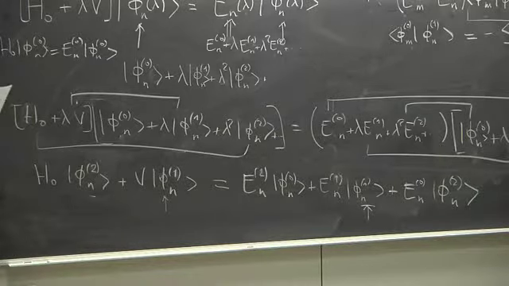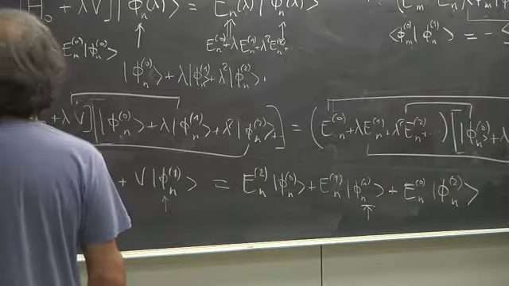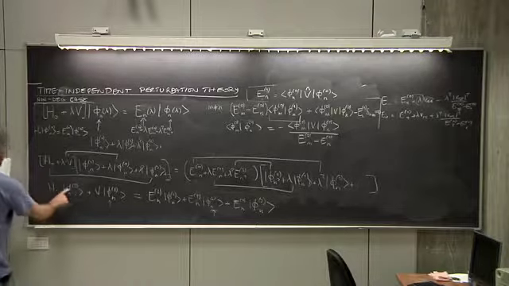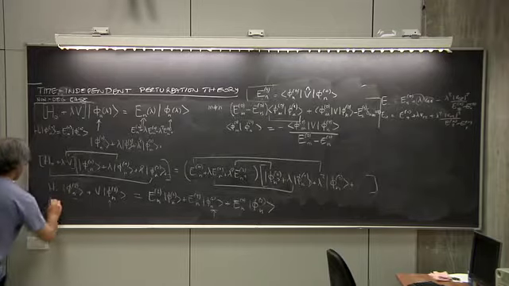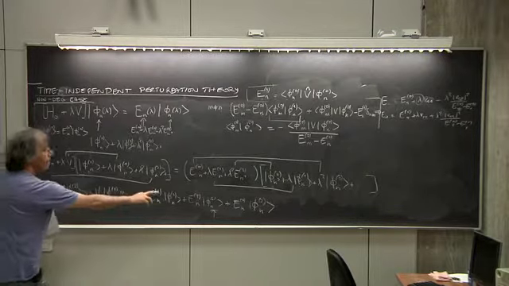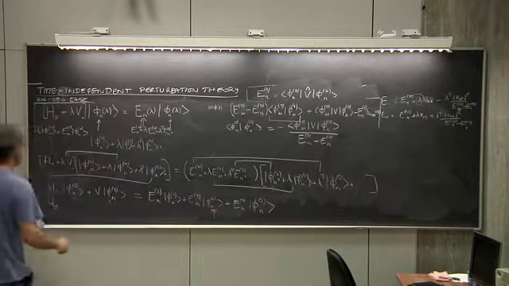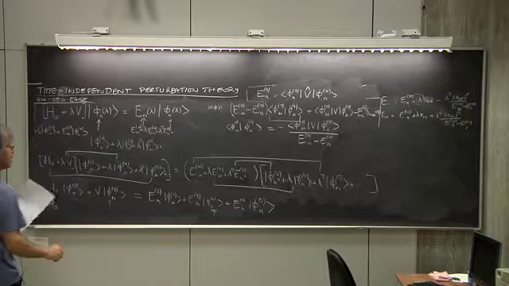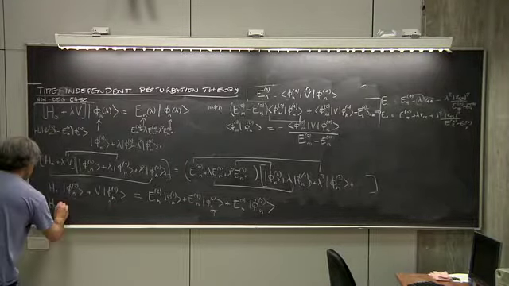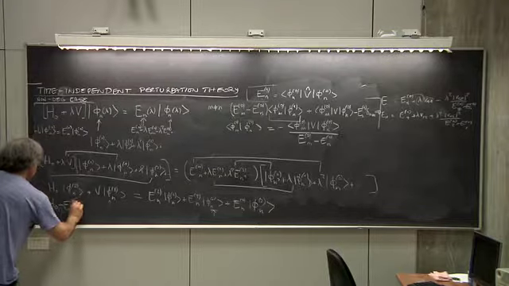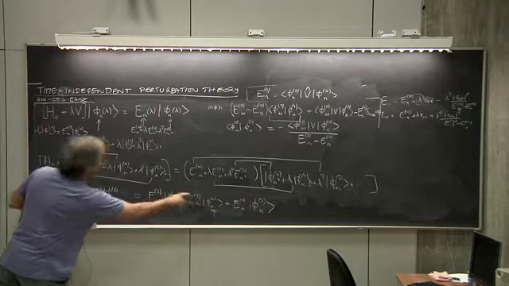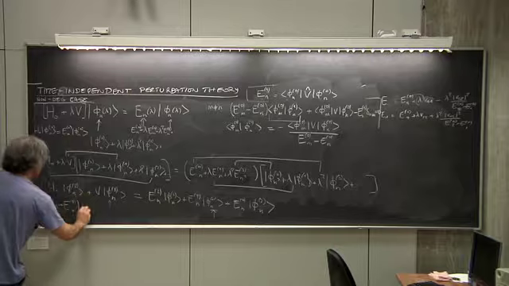Okay? So I suggest you do the following. Let's rearrange the terms, and let's write here phi 2n with H0 minus E0n. You see the last term there, let me bring it here.